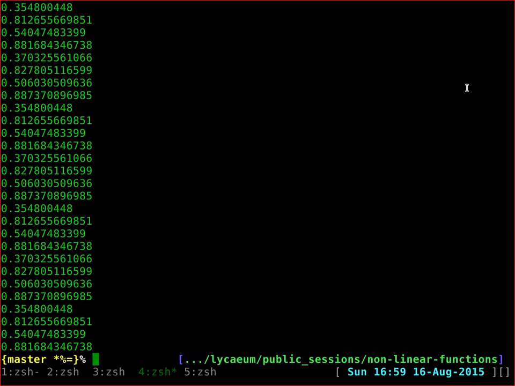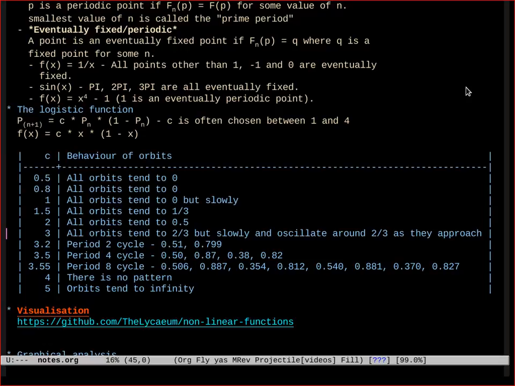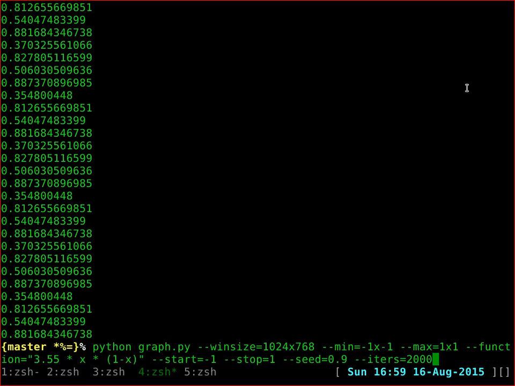Okay. Now we can go further, and we can see what happens when we mess with this a little bit more. There is one which we didn't talk about, which is 3.83, which gives us actually a period 3 cycle. Right. You see that?